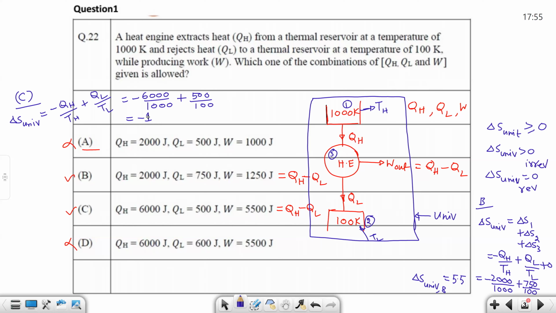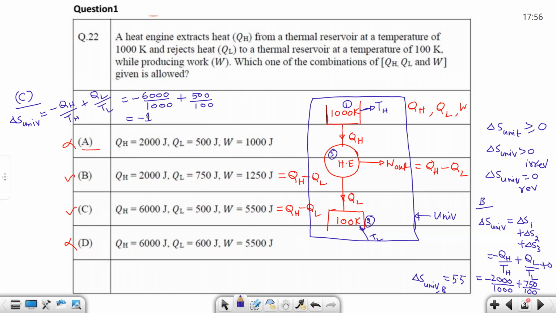So entropy change of the universe will always be positive. For a reversible case, it will be 0. It will never be negative. So the answer C does not satisfy the entropy principle, but it satisfies the energy principle, because the work output equal to the heat supplied minus heat rejected comes from your energy principle.